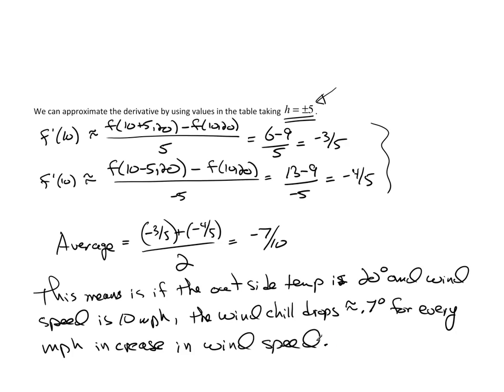It's really the same way you would typically interpret any type of derivative. But we approximate it, like I said, by going above and below because we have a table to work with.